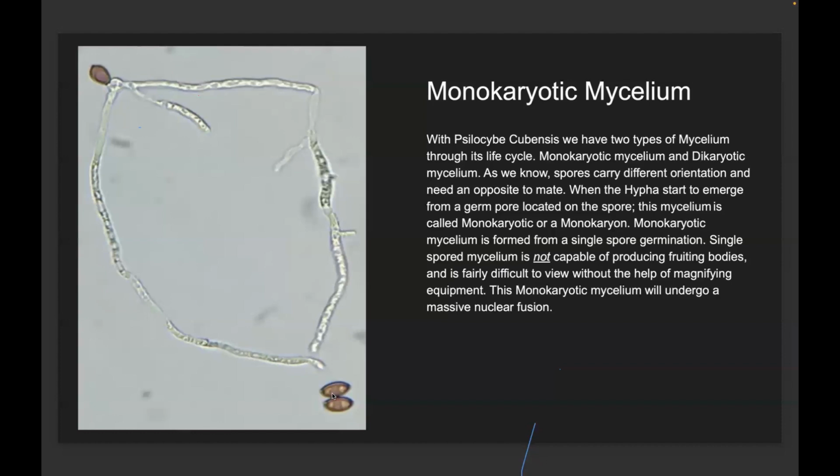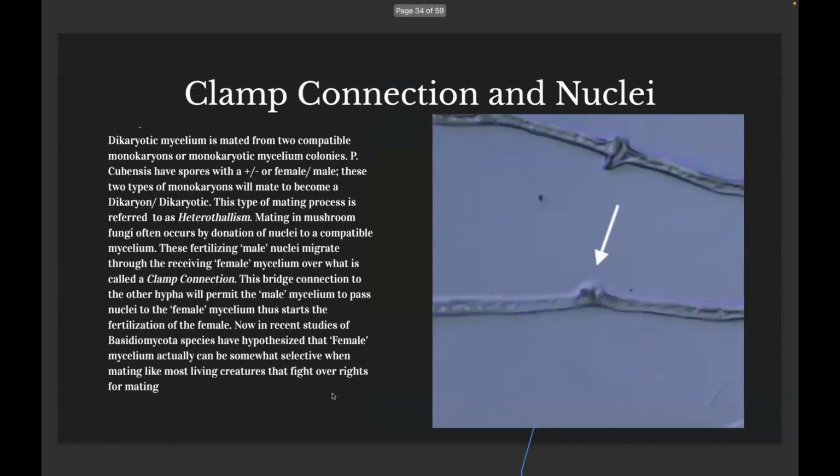So monokaryotic mycelium, again, is single spored mycelium. We've got our different orientations, we're going to get them mated. Again, monokaryotic mycelium does not produce fruiting bodies. So if you start working with monokaryons and you produce a fruit on your plate, you do not have a monokaryon.